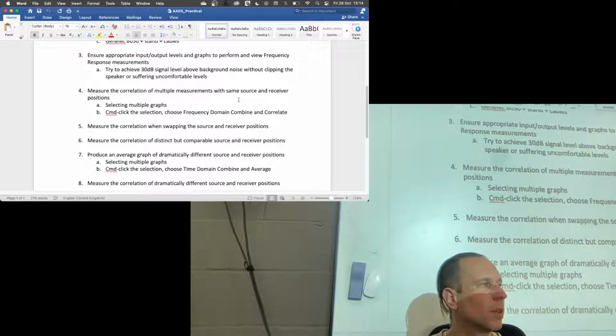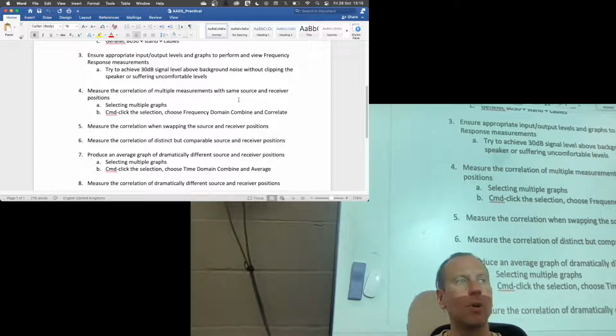Yeah. So that's one thing that we'll see if we get the time to do, but there are not many practicals, unfortunately. Actually, I think I can squeeze it in next week when we deal with the rooms. Once we discover the resonant mode of the room, typically an axial mode is the simplest thing, we can see whether we can excite that mode more or less depending on the position of the speaker.